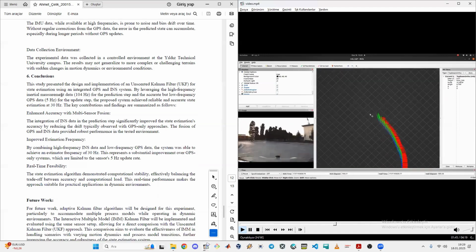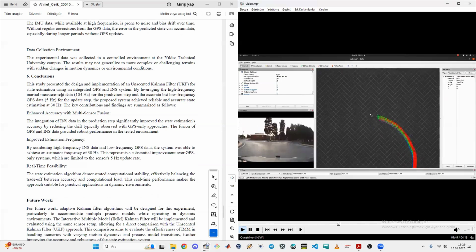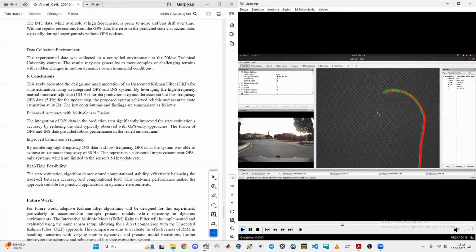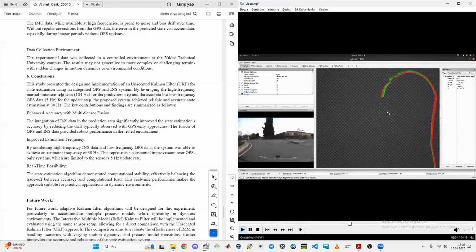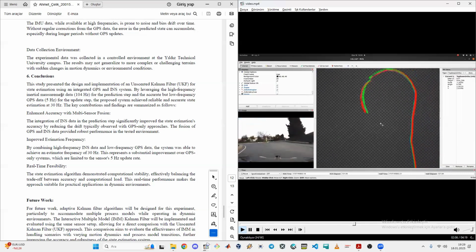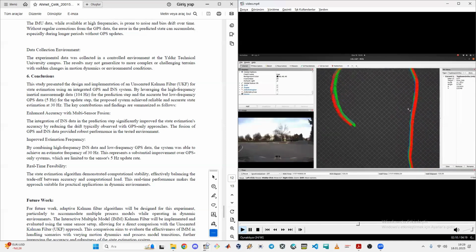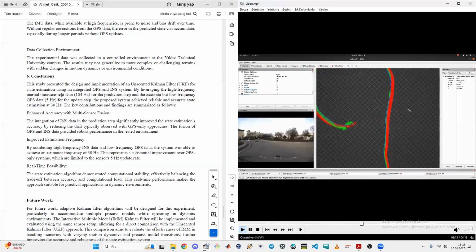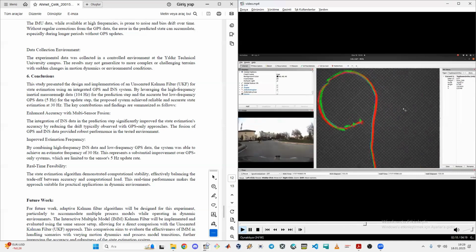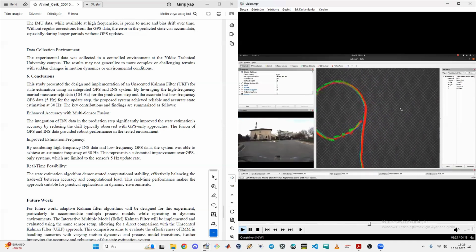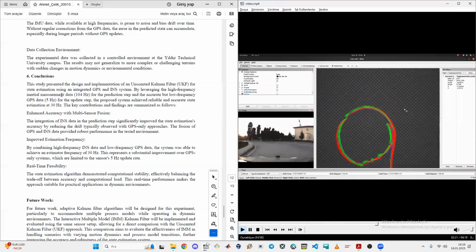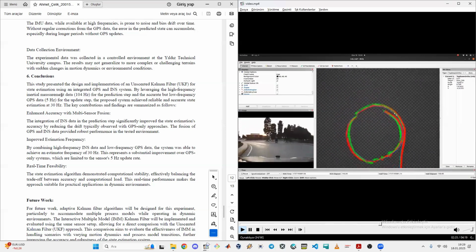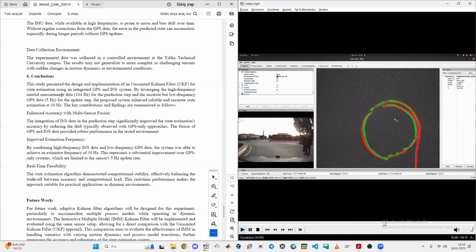To sum up everything that has been stated so far, this study presented the design and implementation of an unscented Kalman filter for state estimation using the sensors, which are the GPS and INS system. By leveraging the high-frequency inertial measurement data for the prediction step and the accurate but low-frequency GPS data for the update step, the system achieved reliable and accurate state estimation around 30 Hz.